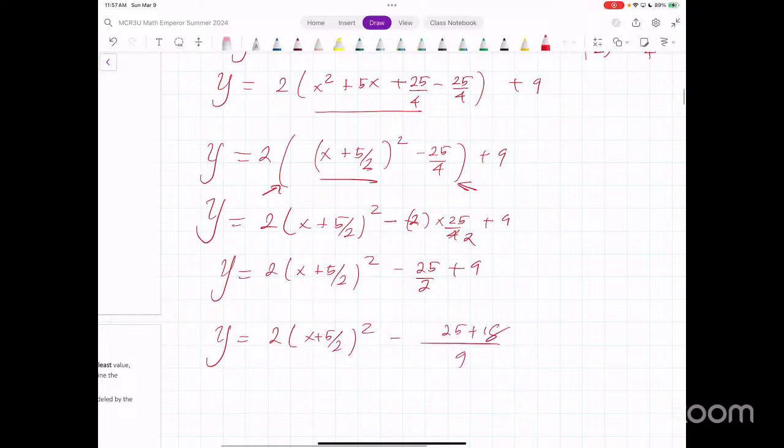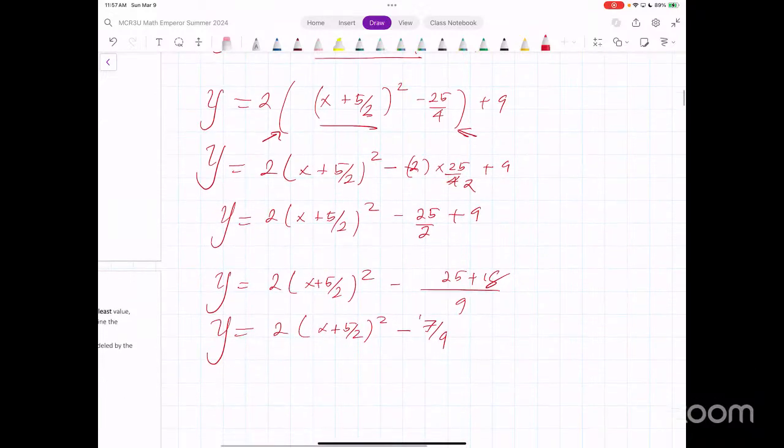So that's 18. 2 times x plus 5 over 2, whole thing squared, minus 7 over 9. So in this case, I can say my minimum value is negative 7 over 9, isn't it?